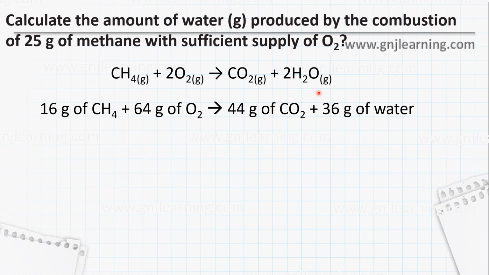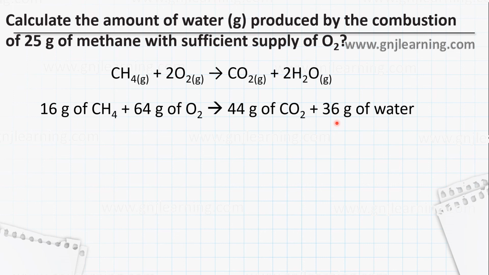So what they are asking is, how much water will you get if you are using 25 gram? Using 16 gram, you will get 36. So if you are using 25 grams of methane, how much water will you get here? What is the standard step?